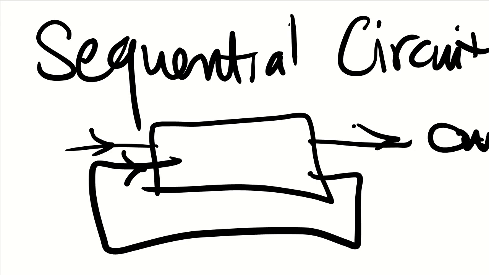Flip-flops are capable of holding a value, but the whole system has a notion of time, so with each clock signal, the value will change. Examples of sequential systems are registers, counters, and shift registers.